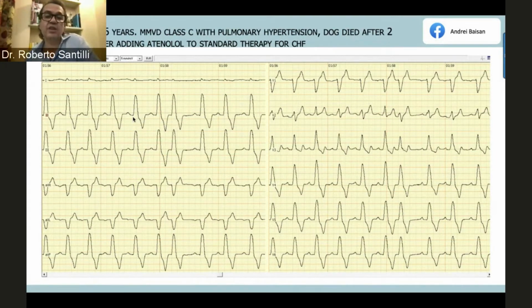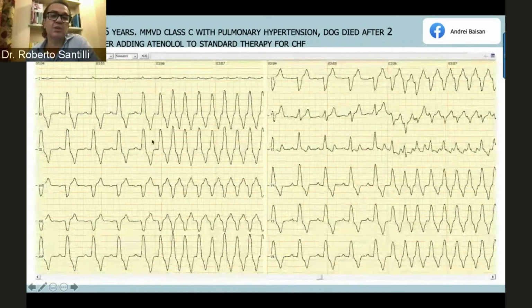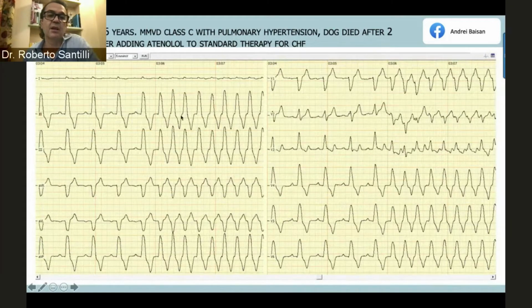The only reason I can see for this being used in this particular case is that this dog had a focal atrial tachycardia. As you can see here, it goes from a normal sinus rhythm, and suddenly you don't see P waves because they are inscribed in the previous QRS complex, but the morphology of this QRS complex is exactly the same as during sinus rhythm, as you can see here and here too.